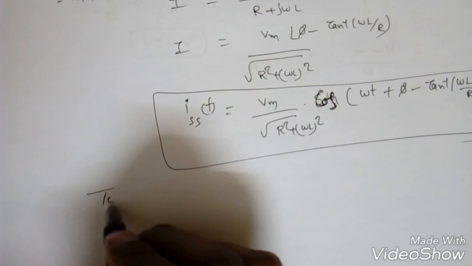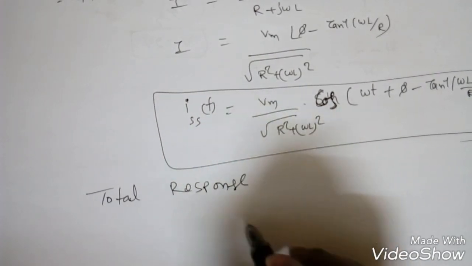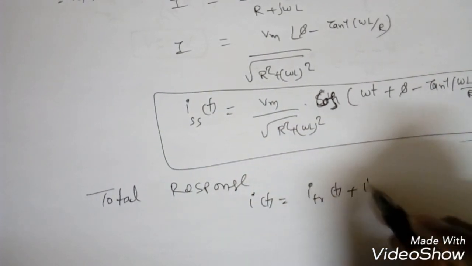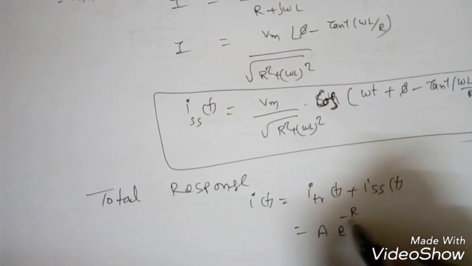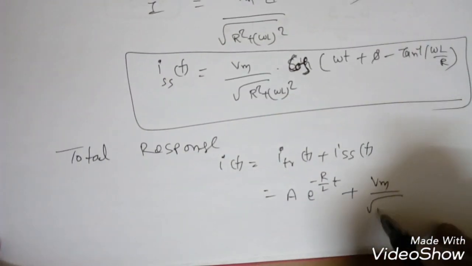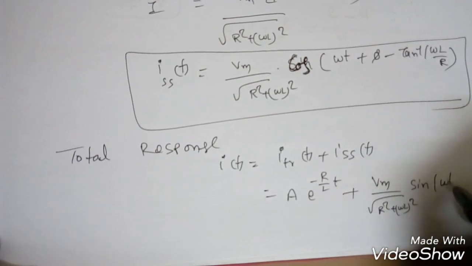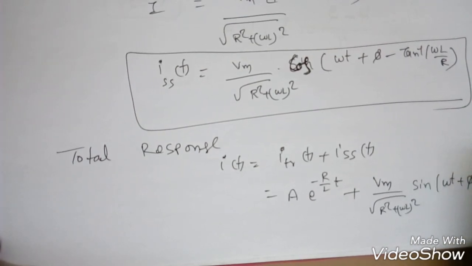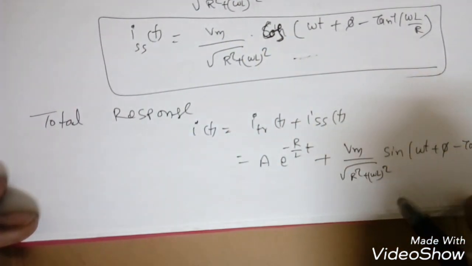Now what is the total response? Total response is equal to natural response plus forced response, or we can say I of t is equal to I transient response plus I steady state response. Transient response we got e power minus R by L into t, plus Vm by square root of R square plus omega L whole square into sine omega t plus pi minus tan inverse omega L by R if it is a sinusoidal signal, and if it is a cos signal we will get this one as a steady state.